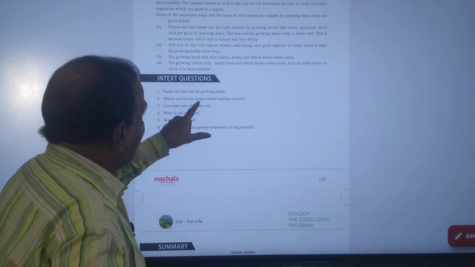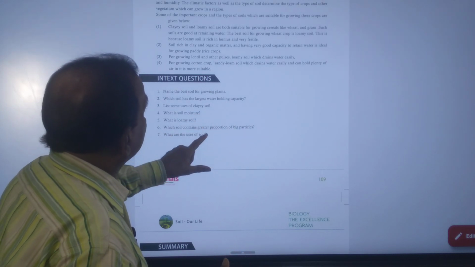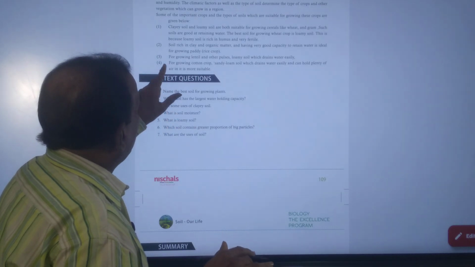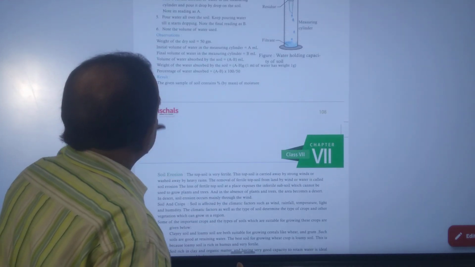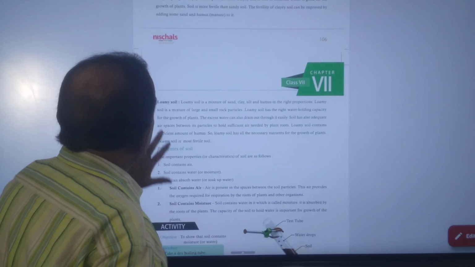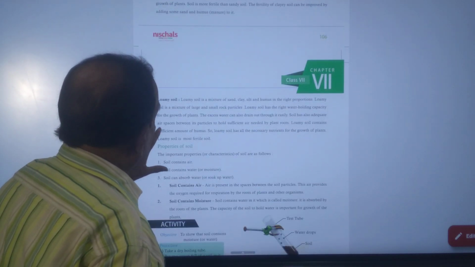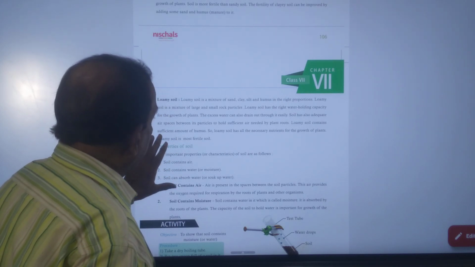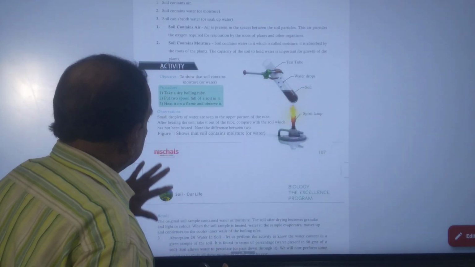Which soil has the largest water holding capacity? The largest water holding capacity we observe in the case of loamy soil.